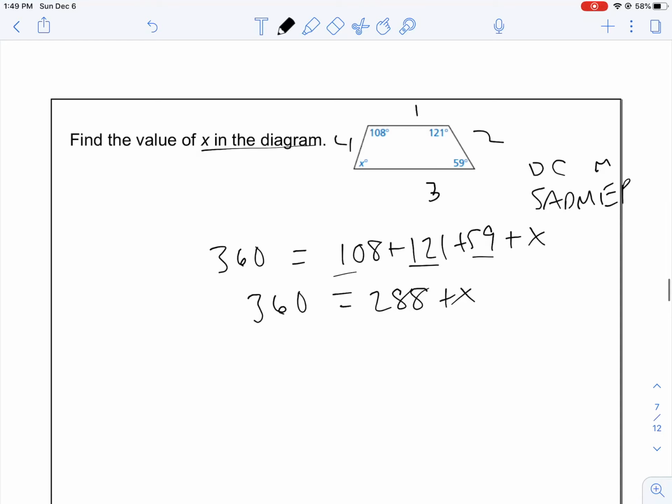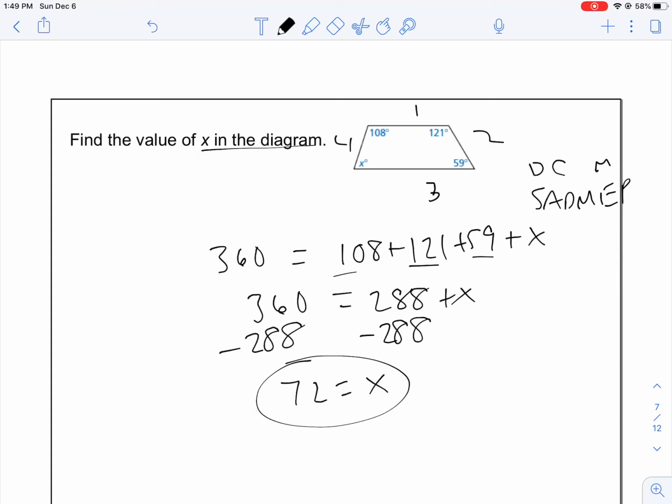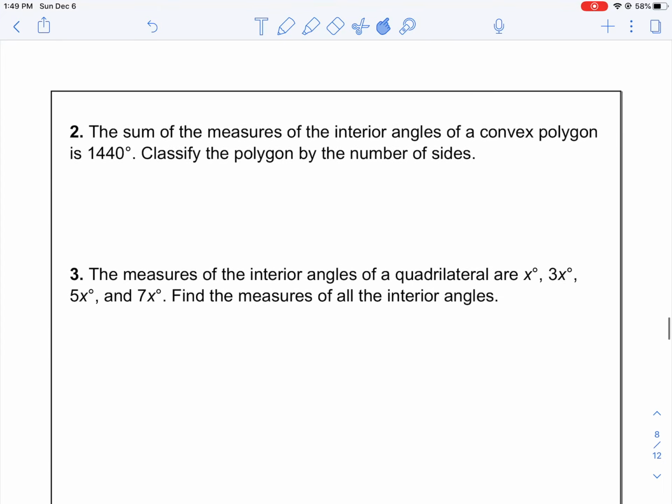And that's going to equal 360. So we're going to minus 288 minus 288. So 360 minus 288. That's going to give us 72. So 72 is x. Excellent. Again, nothing too crazy here. Quadrilateral is going to be equal to 360.